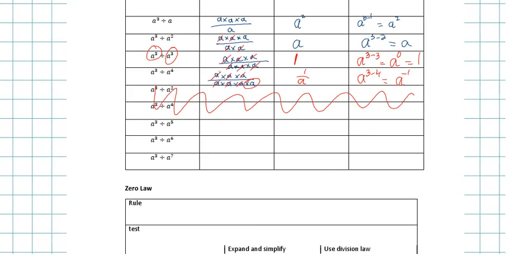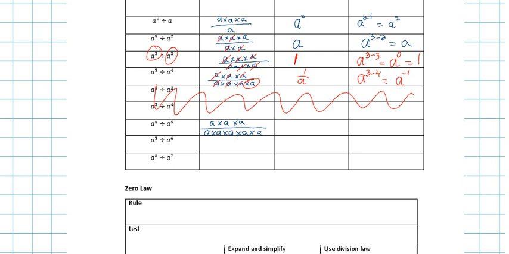So I'm going to write a to the power of 3. So that's a times a times a over a times a times a times a. One more time. Okay?